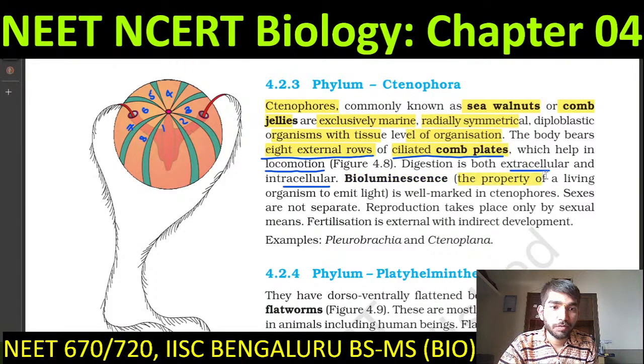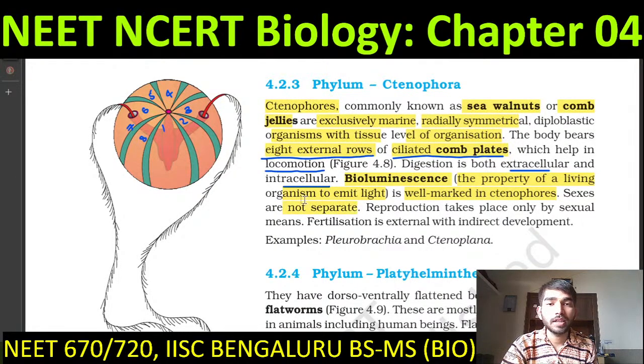Bioluminescence, the property of living organisms to emit light, is well marked in ctenophores. It is not like it is only seen in ctenophores. It can also be seen in jellyfish, like I told you just before this, the coelenterates. But it is more commonly seen in ctenophores in most of the members. That is what is being said here.